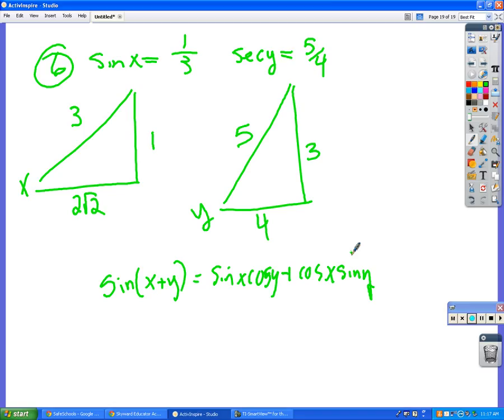All right, so to figure this out, we need to know the sine of x. Well, if you look at our triangle, opposite over hypotenuse is 1/3. And then we need to know the cosine of y. So adjacent over hypotenuse is 4/5.